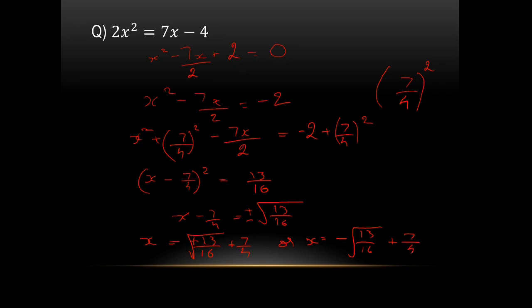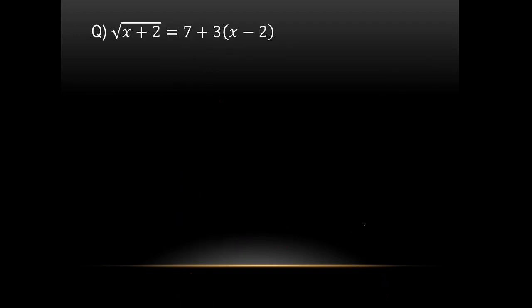So these are the two values, and let us find out the value using a calculator. So this is approximately equal to 0.651, and this one is approximately equal to 0.848. So these are our two roots for this equation.